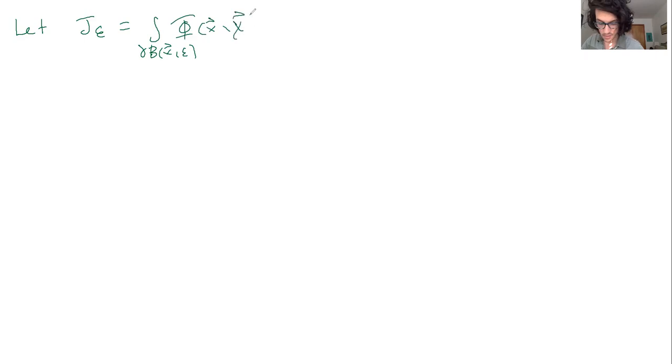Now let's do another piece of that integral. If I let J epsilon equal the integral over the surface dB epsilon of phi of x, y, du, dn y, then we get that this is going to scale like what?